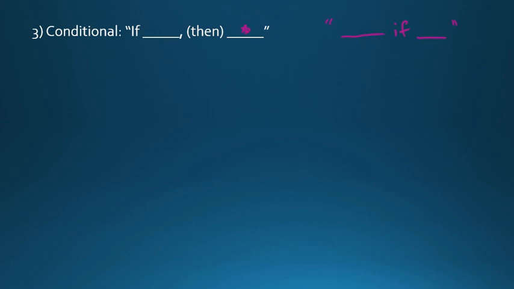Whatever was here would go there, and whatever was here would be going over here. So I used rectangles and stars to symbolize what would be going where in the corresponding forms.